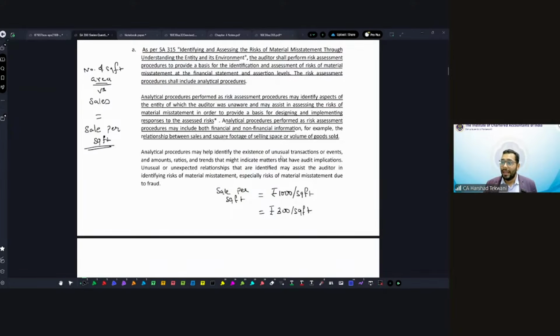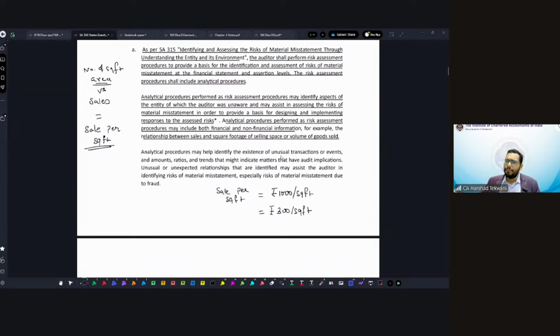Based on that, you will be able to understand whether the sales increase in the current year is because of an increase or decrease in the factors on which sales depended, or because of something else.